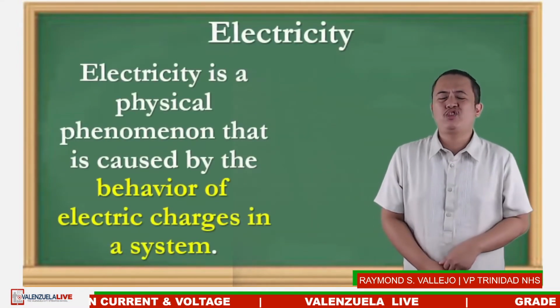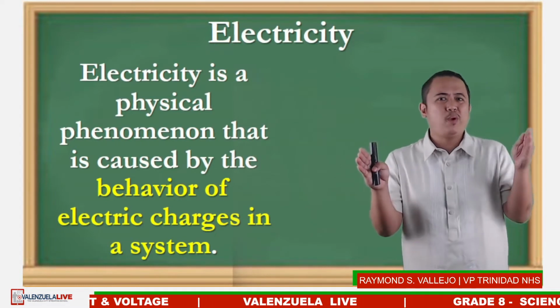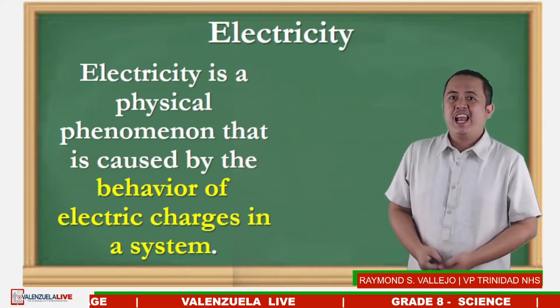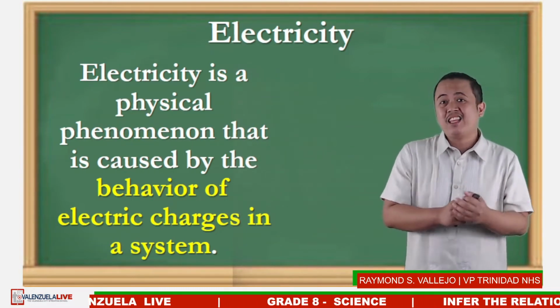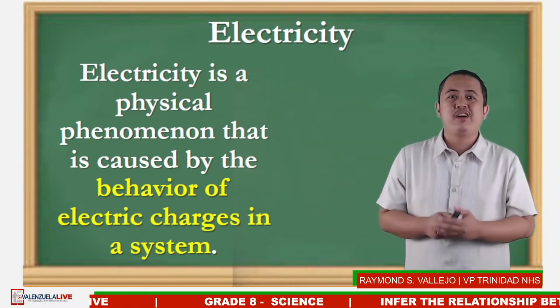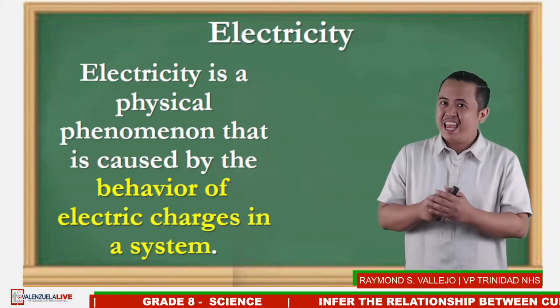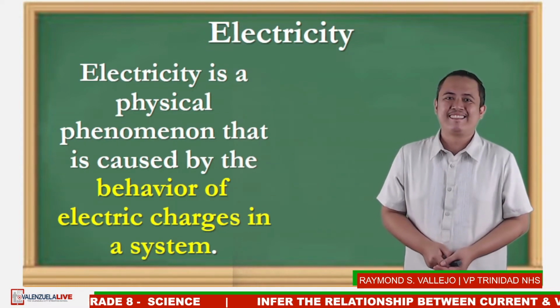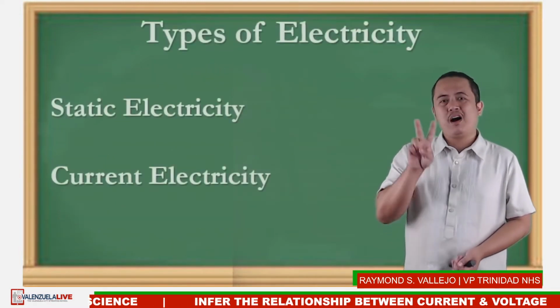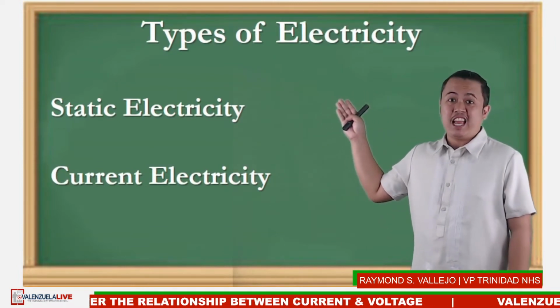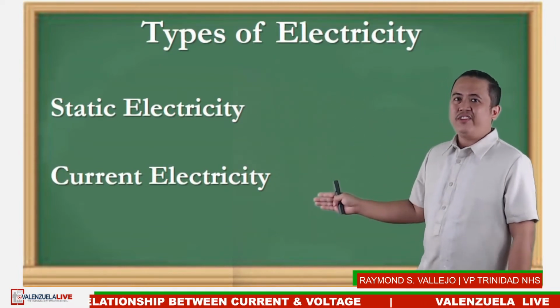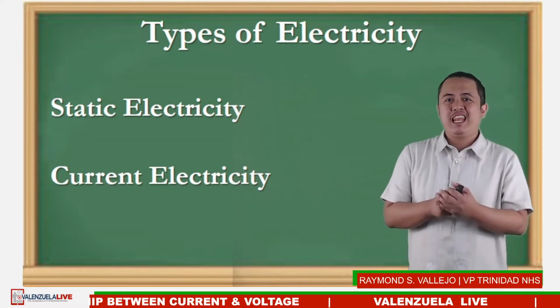What is the relation of electric charge to electricity? Electricity is a physical phenomenon that is caused by the behavior of electric charges in a system. There are two types of electricity. One is static electricity, while the other is current electricity.